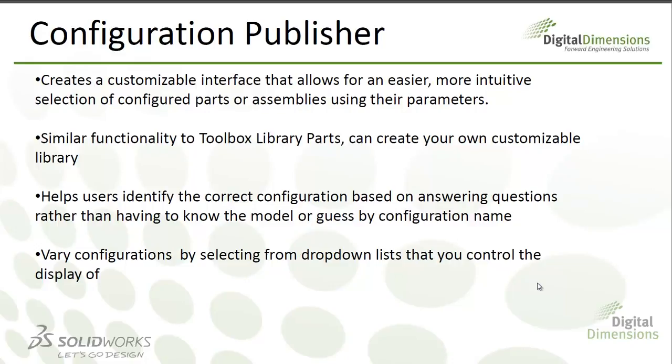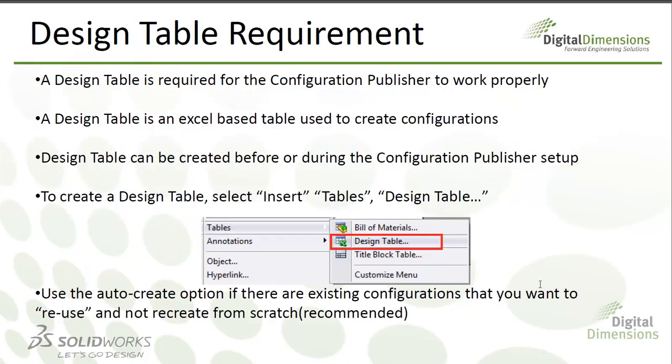Which configured part has a lot of configurations, it could take a long time. So one of the nice things is that if this part has multiple configurations, you don't have to know the part real well. You don't have to rely on the configuration names to be descriptive enough to be able to pick the right one. You can use these dialog boxes that ask you questions to get you down the right path to get the right configuration for your part.